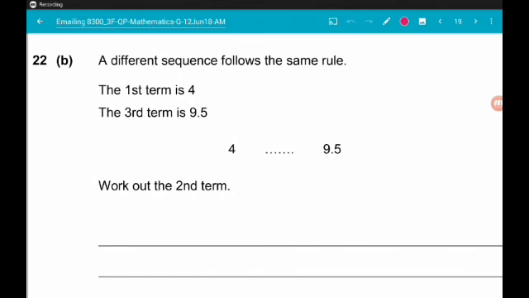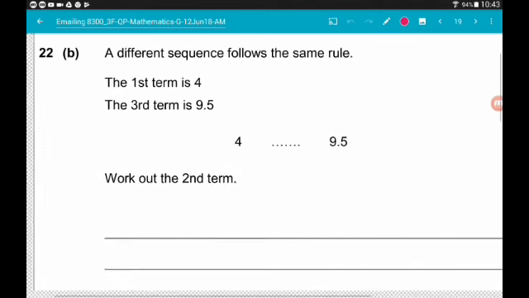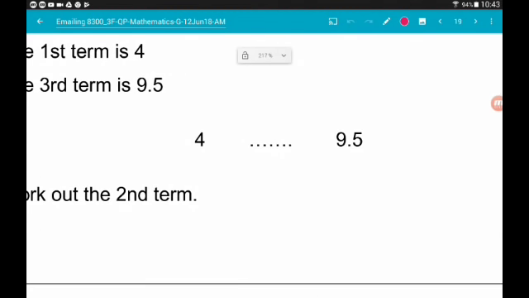Then for part B, we're told a different sequence follows the same rule. The first term is 4, the third term is 9.5. We need to work out the second term. So we don't know the second term, which is the whole reason we're asked to find it. What we like to call things in maths when we don't know their value is x.